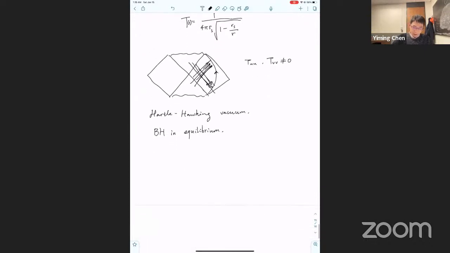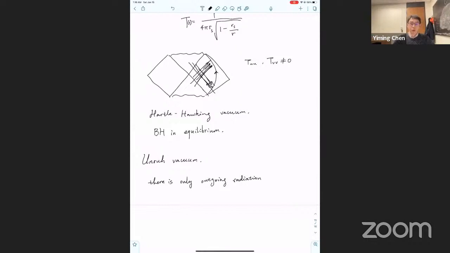But there is another vacuum for the black hole, the so-called Unruh vacuum. And the Unruh vacuum is defined in such a way that there is only outgoing radiation but no incoming radiation.